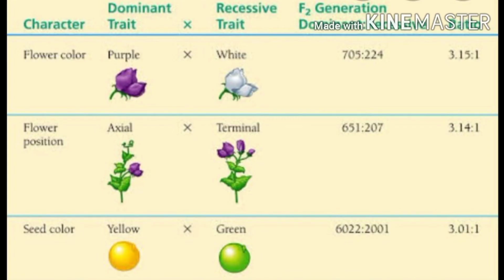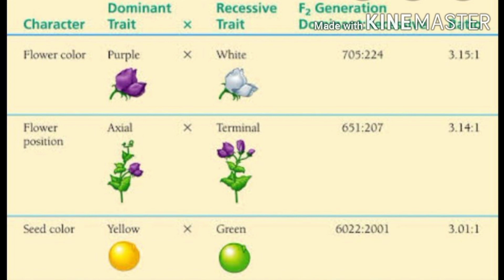Let us now see the seven different characters of pea plant which Mendel has chosen for his experiment. As you can see in this figure, the various characters of pea plant. The first character is flower color.